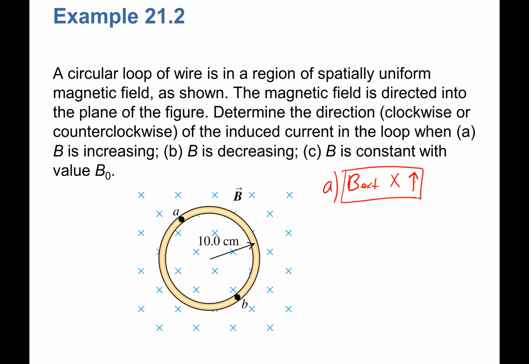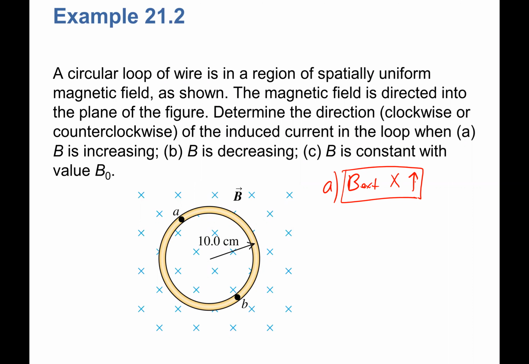Remember, the current in this circular loop will be there only in order to pump an induced magnetic field to fight this change in the external magnetic field. That means if the magnetic field into the page is increasing, the loop is going to try to pump magnetic field in the opposite direction to try to decrease it, right?